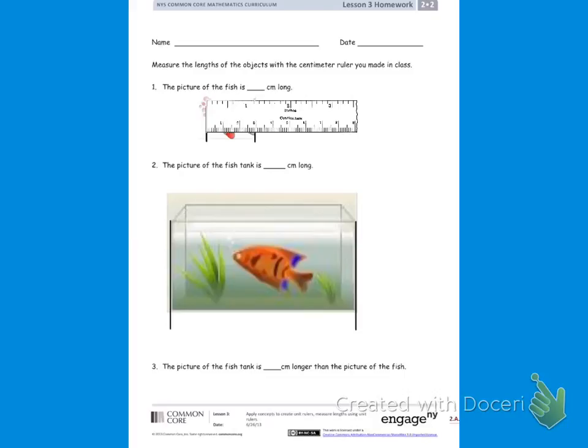If you can see the last line, it's right here. So take a look at the number that's shown right there and then write it on the line. As you can see, the fish is approximately 3 centimeters long, so I'll put a 3 there.